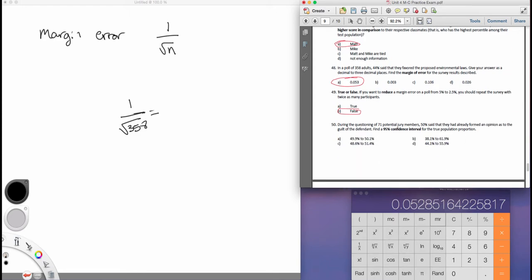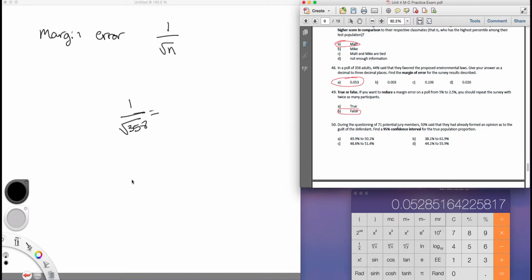During the questioning of 71 potential jury members, 50% said they had already formed an opinion of the guilt of the defendant. We want to find a 95% confidence interval for the true population value. So first we need to find the margin of error.